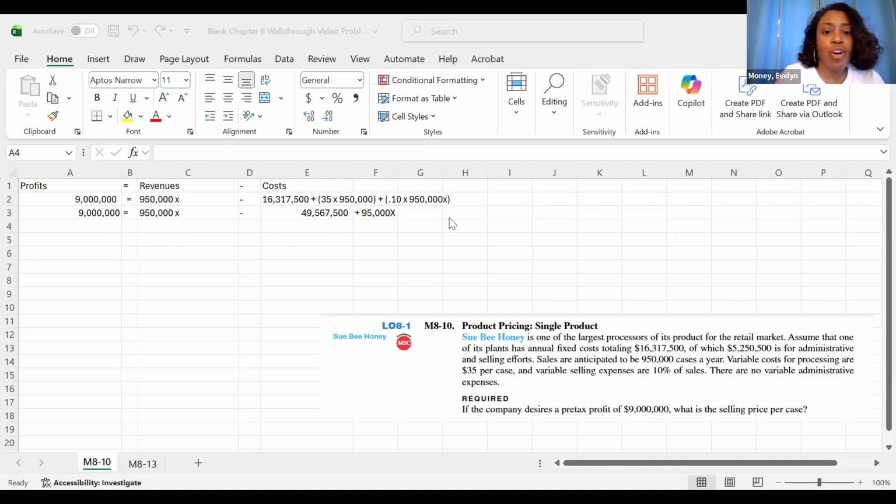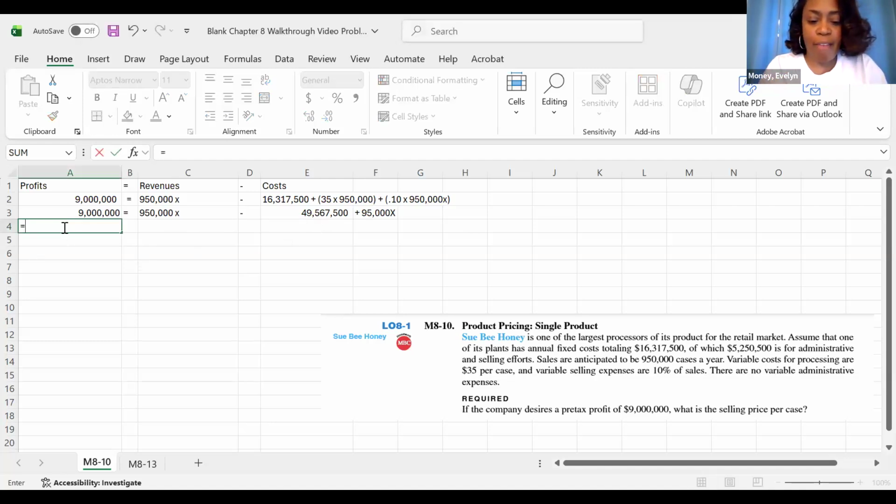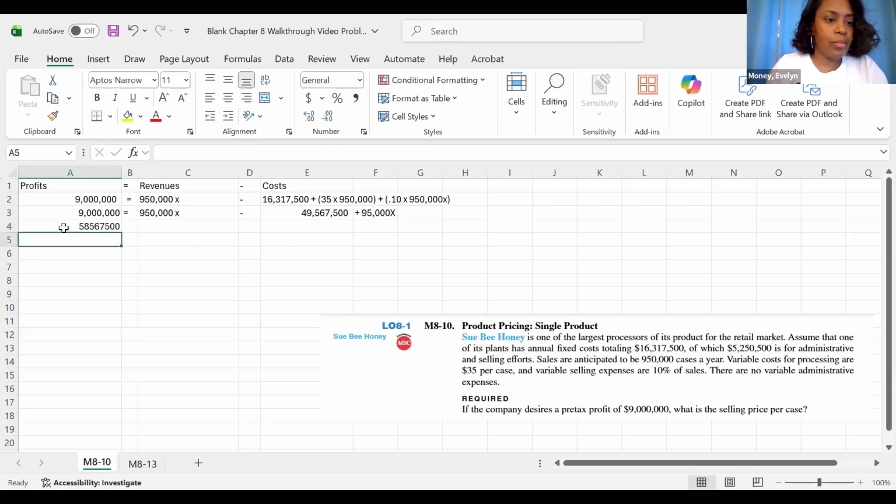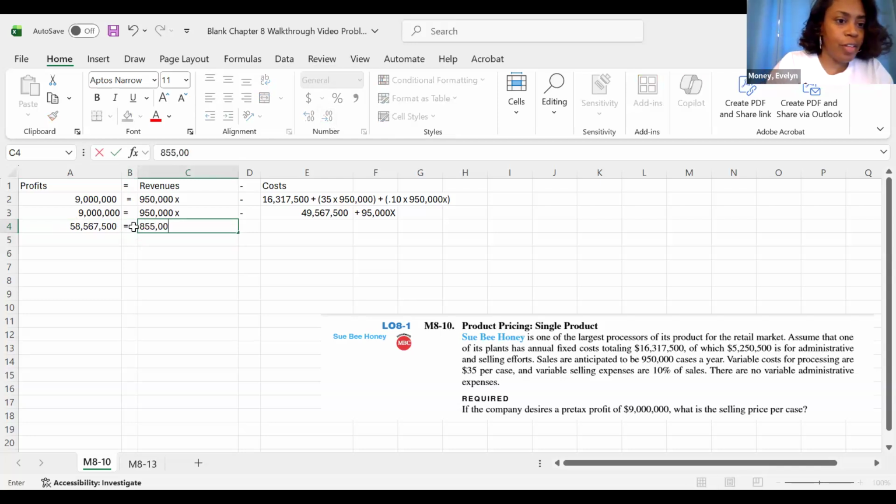So if I solve for X and bring this over to the other side, now here I'm going to have the 49,567,500 plus 9 million. And then that's going to be 855,000 X. Again, the 95,000 minus the 950,000.